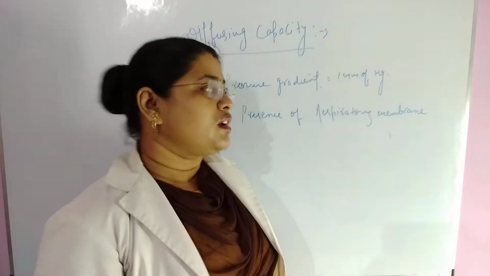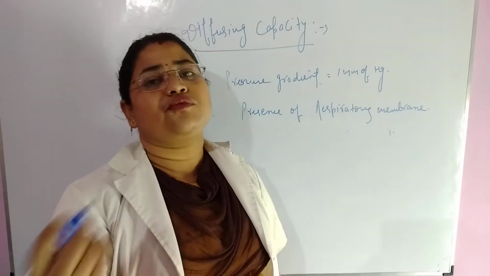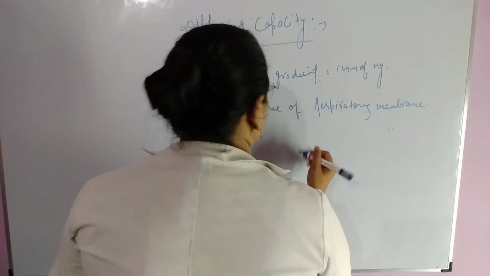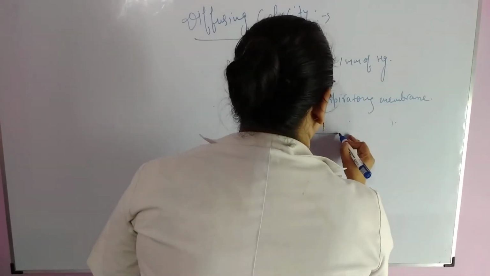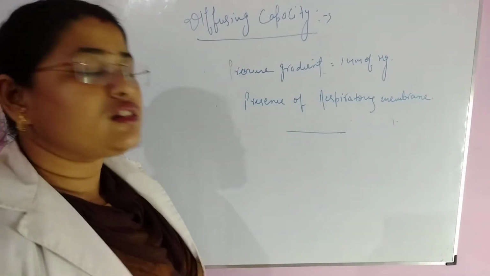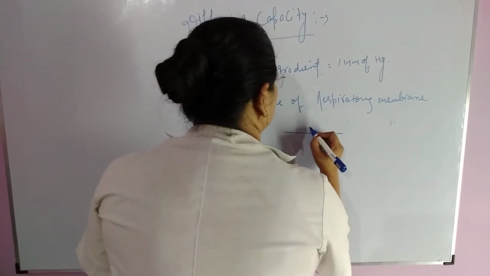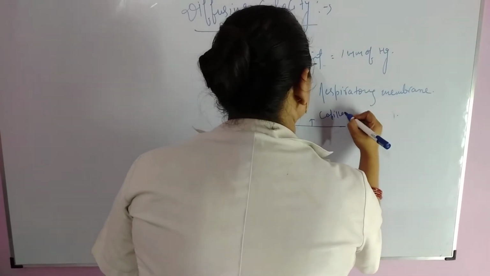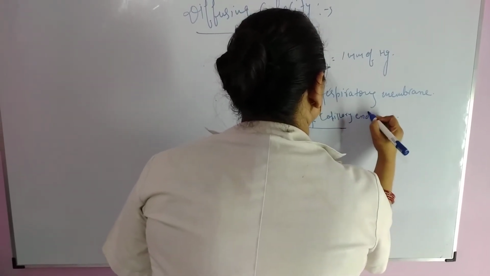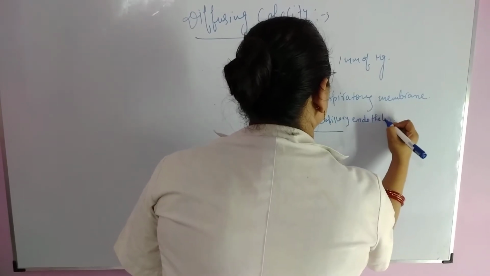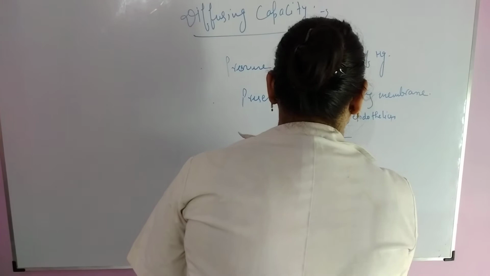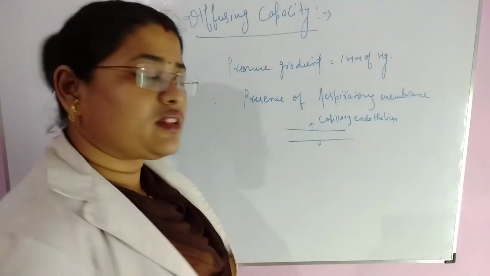That's why it facilitates the diffusion across it. Now, respiratory membrane, one side contains capillary endothelium, and other side contains alveolar epithelium.